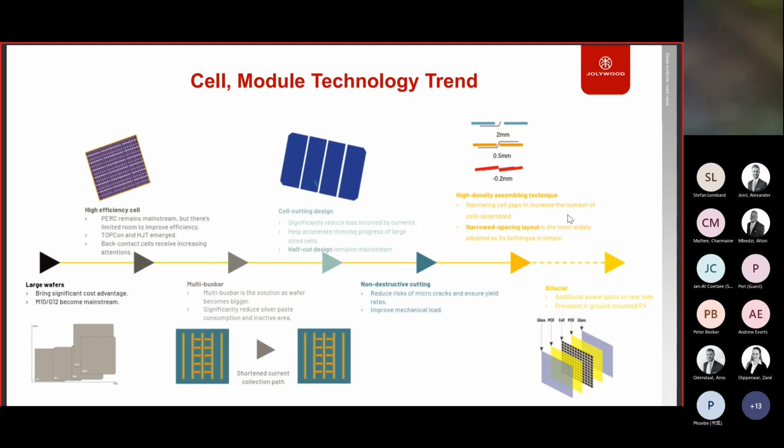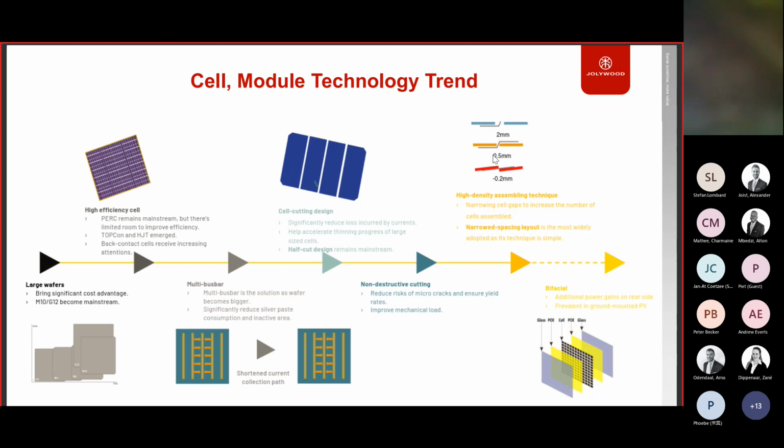Because the wafer is becoming larger, people are also focused on how to improve the module efficiency. So some manufacturers have developed high density assembly technology. We can control the cell spacing between 2 cells from around 0 millimeter to 2 millimeters.